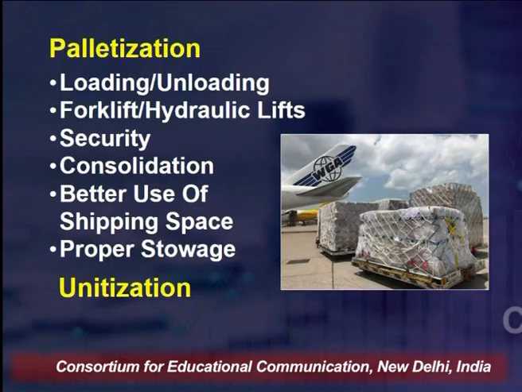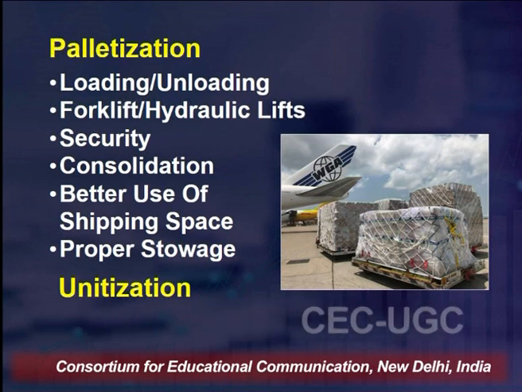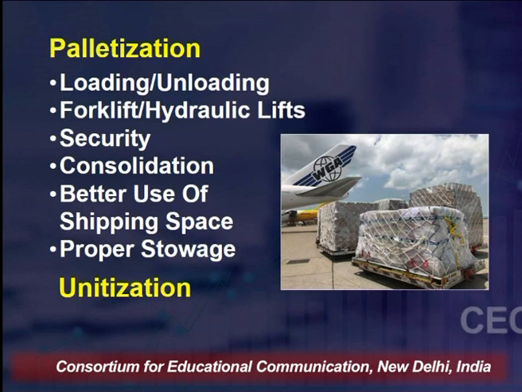As you could see on the screen, there is a photograph which is a ULD, that is a unit load device, wherein all your goods are placed on a sort of skid, it's a pallet, right?